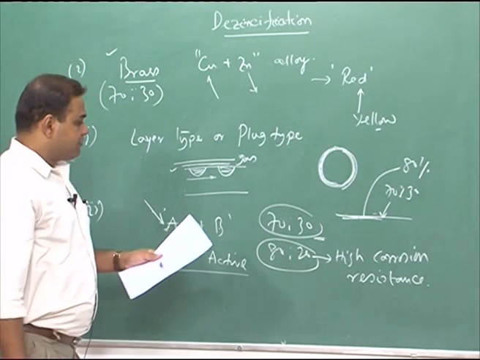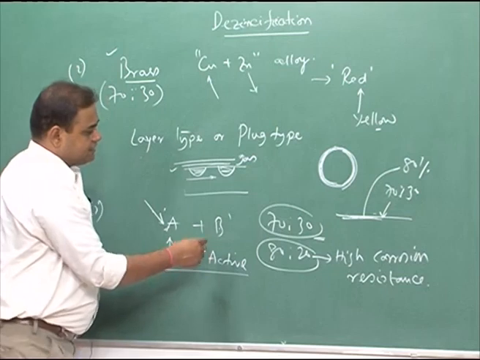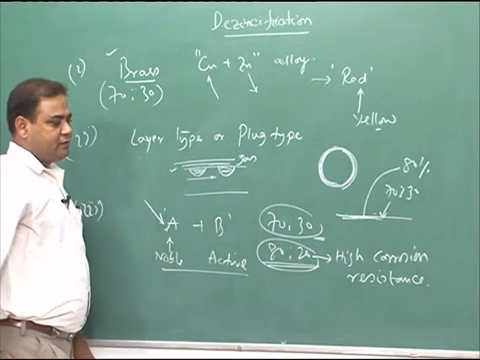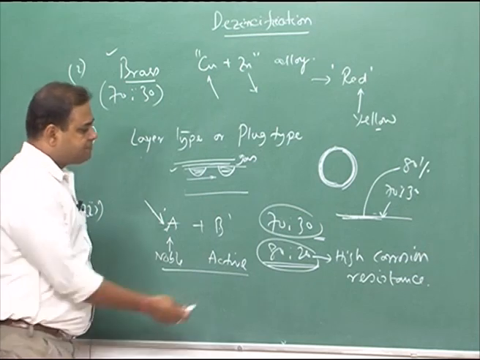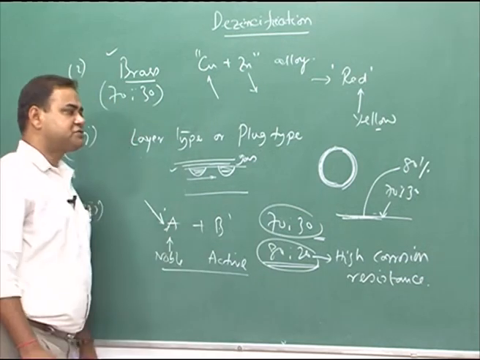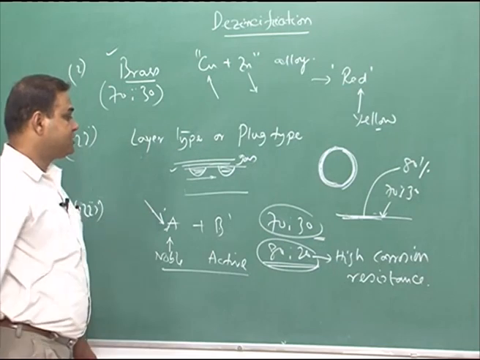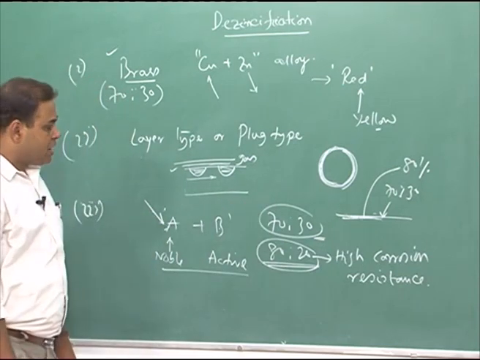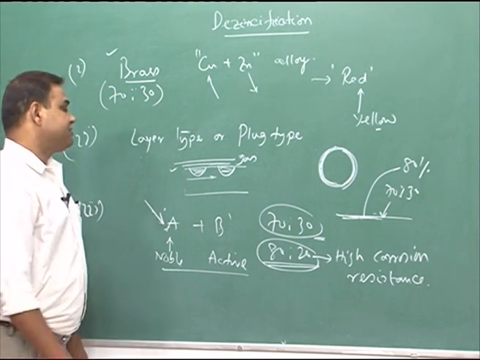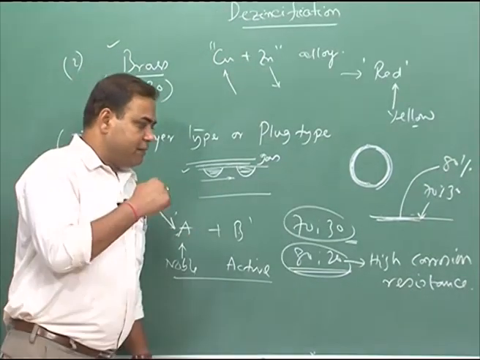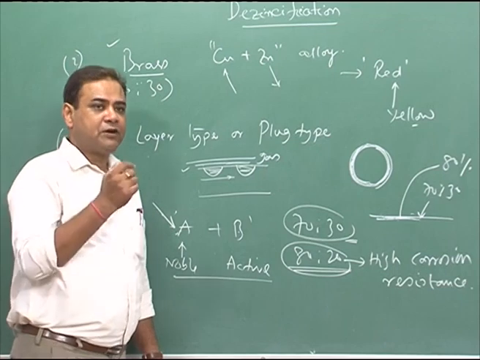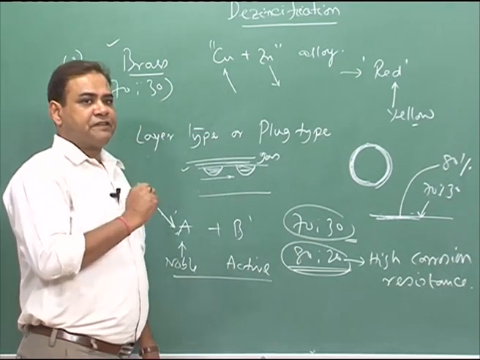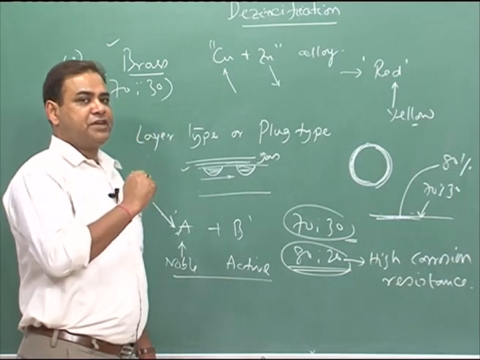Of course, a brass with less zinc would have higher resistance towards de-zincification compared to the brass which has higher zinc content. Now, if the zinc content is such that beta phase forms, in the brass phase diagram you will see that the beta phase forms at higher zinc content.